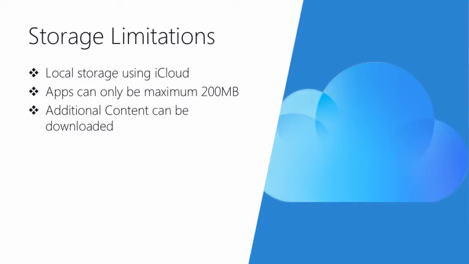And the application sizes are also limited to a maximum size of 200 meg, although additional content can be downloaded through a mechanism known as on-demand resources, which is done after the app is installed but while the app is in use. So while you can store information, it is only stored against the device's cache, and it might be cleared out to make space for other content, so you can't really rely on it always being there.